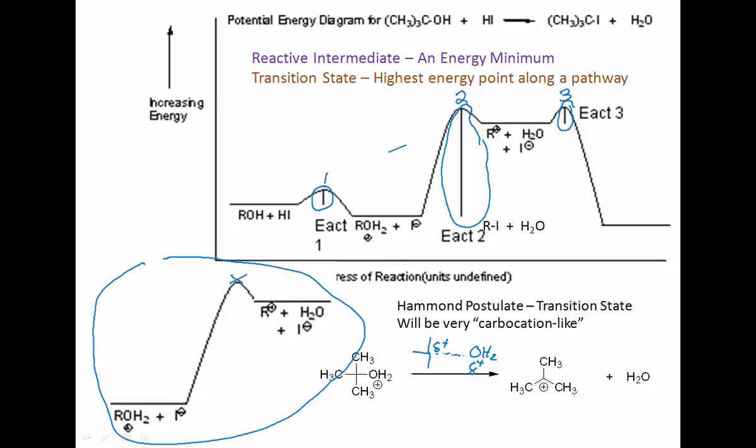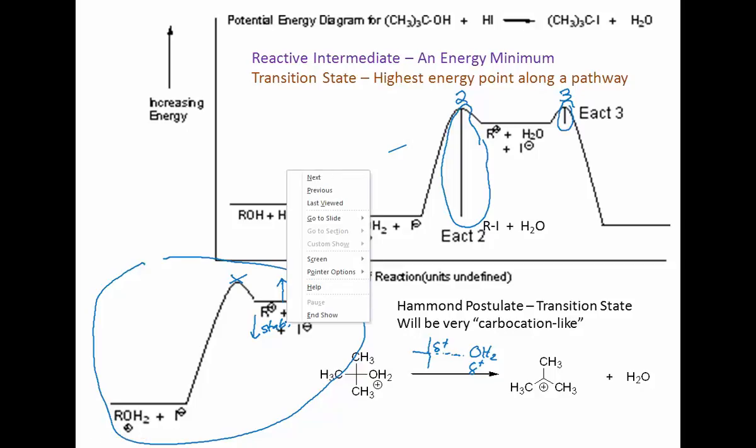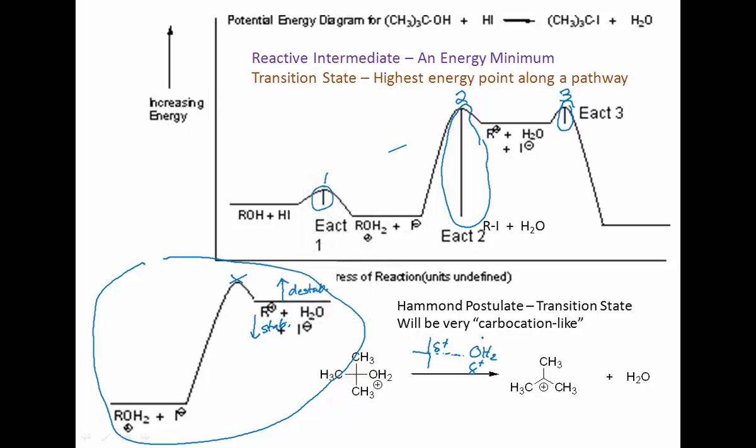So if we make the carbocation lower in energy, the activation energy is going to go down. If we stabilize it by making it tertiary, it goes down. And if we destabilize it, this energy is going to go up. And this is all going to have major effects on the rate determining step of the reaction.